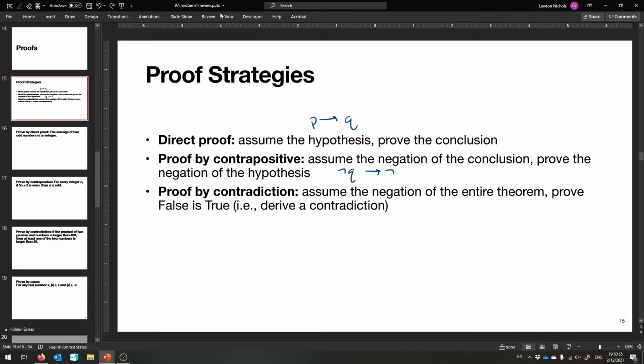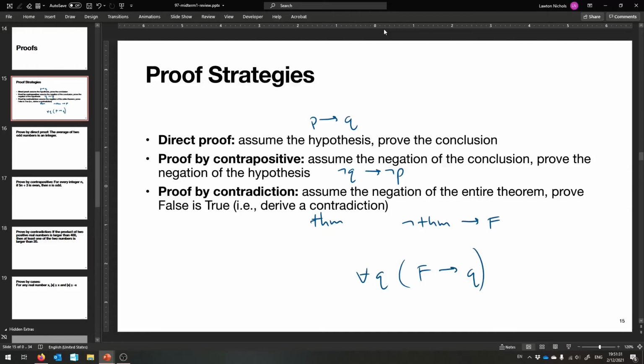Just pretend that your theorem was P. Let's just call it THM, your theorem. You assume not theorem. And then you try and prove that false is true. You try and get to false. Because from false, you can get anywhere. False implies everything. False implies, I don't know, Q for all Q.